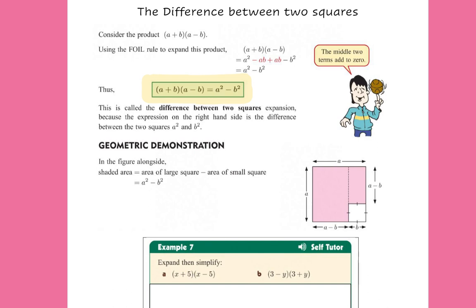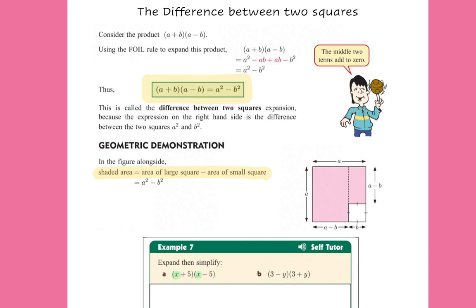So the same expression with a plus and the minus equals a squared minus b squared. Let's have a go and see how it works.